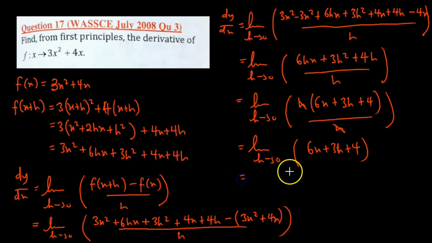Then at this stage, we can substitute for the value of h as 0. So we have 6x plus 3 times 0 plus 4, which leaves us a final answer of 6x plus 4. So it tells us that when we find from first principle the derivative of 3x squared plus 4x, we'll end up getting 6x plus 4.